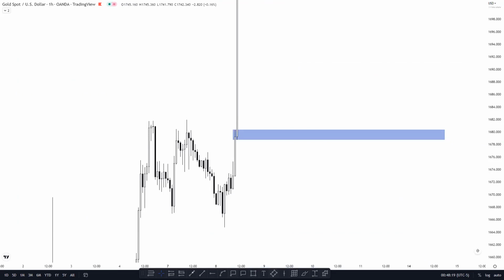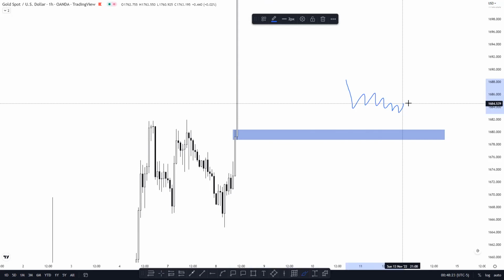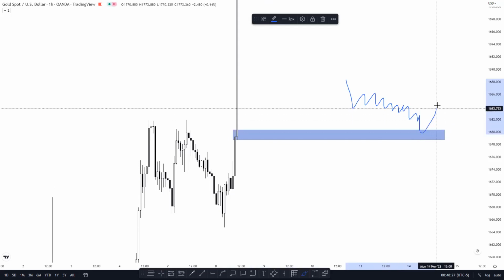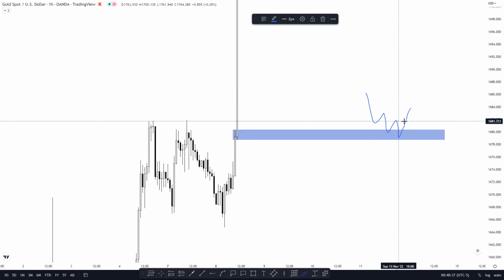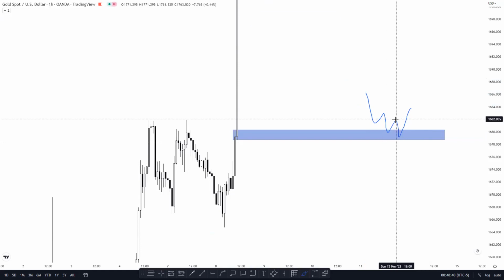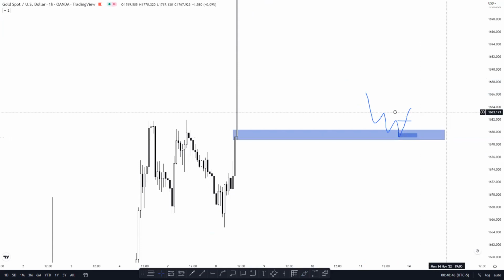So what we should do, we will look for market to come in here, mitigate this candle and give us some sort of bullish move towards the upside. So we have this break in market structure right here. So we will look for buys in here.